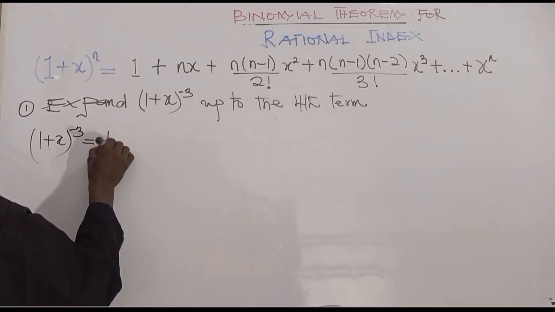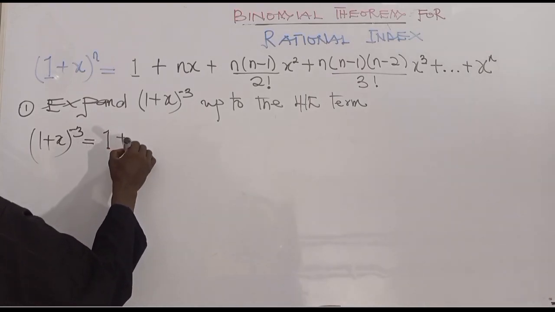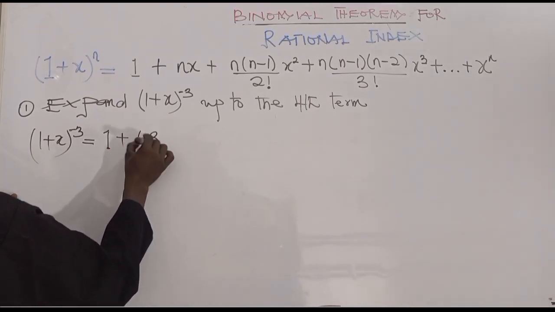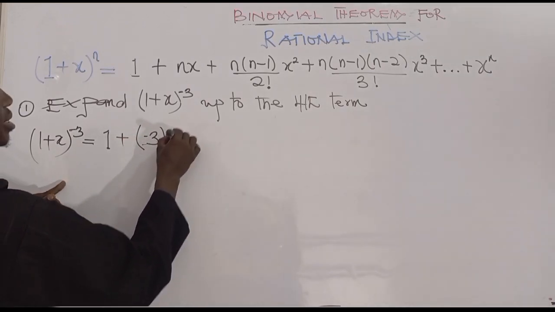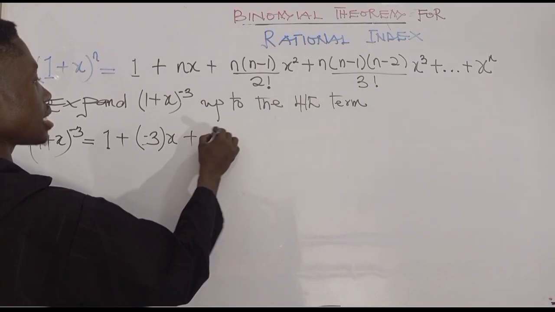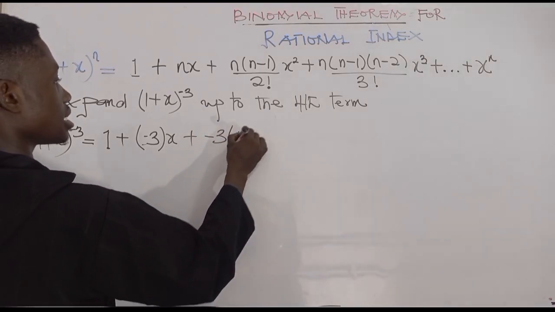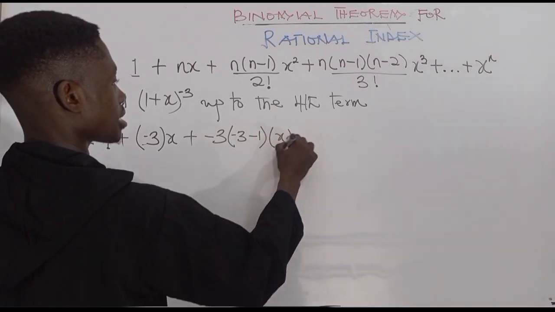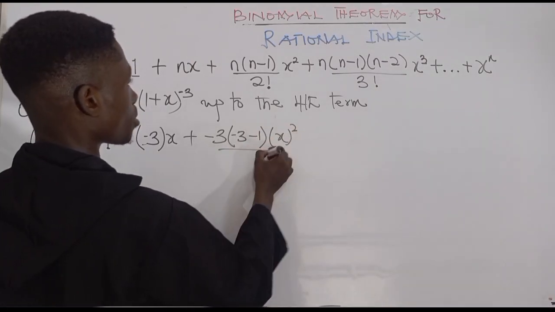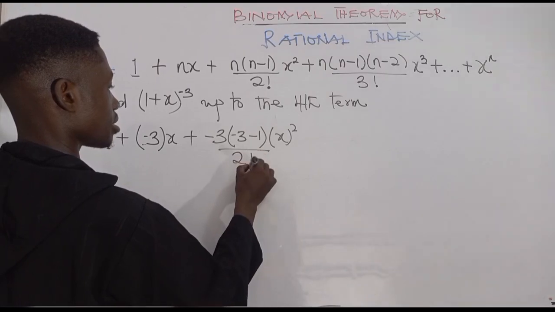So we have 1, our n is negative 3, and then our x is x. Our n is negative 3, negative 3 minus 1, our x is still x, all over 2 factorial.